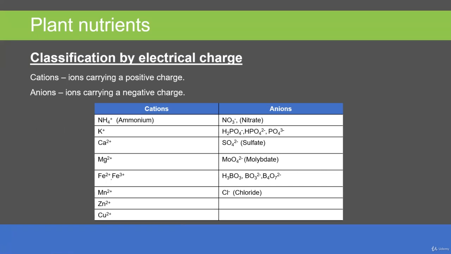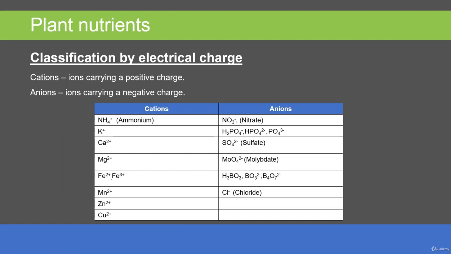Now, as we saw, the nutrients can be classified by their electrical charge. So we have cations, which are ions that carry a positive charge, and anions, which are ions that carry a negative charge. So cations, we have the ammonium, potassium, calcium, magnesium, iron, manganese, zinc, and copper.